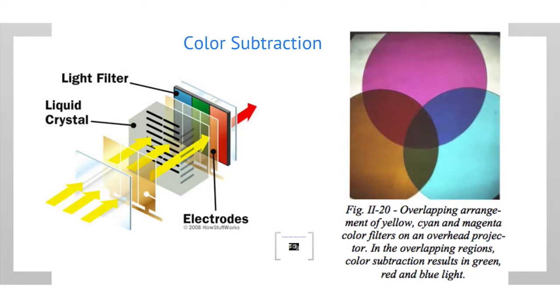But let me ask you, can you think of any other way to create color? So we talked about subtraction and addition. Is there another way to create colors? I watched a YouTube video about butterfly wings. It was actually shaped a certain way that it would reflect only certain wavelengths or something.